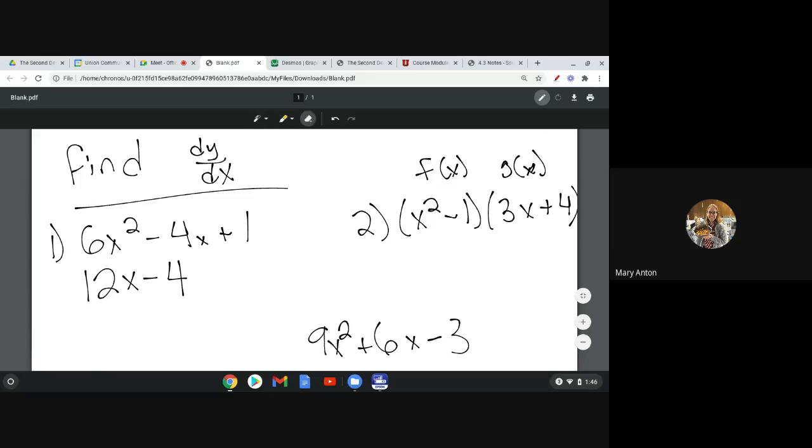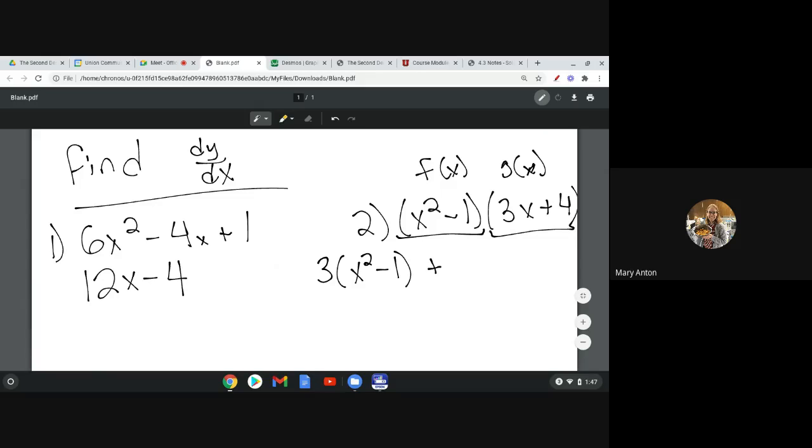Maybe we should do this together quick. I'll do it using the product rule. We take the first one times the derivative of the second one, so x squared minus 1 times the derivative of 3x plus 4, which is 3. Plus our second function times the derivative of the first function.